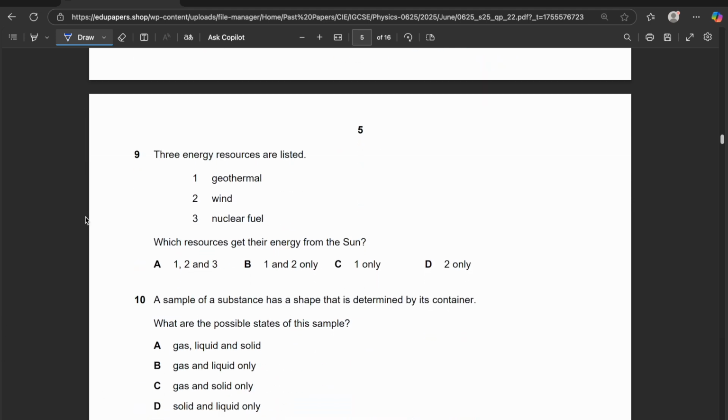9. Three energy resources are listed: geothermal, wind, and nuclear fuel. Which resources get their energy from the sun?